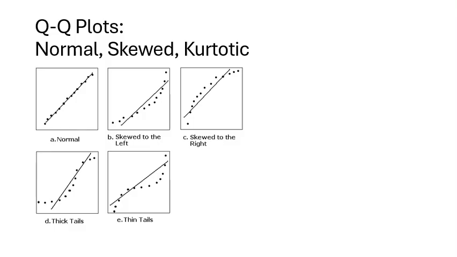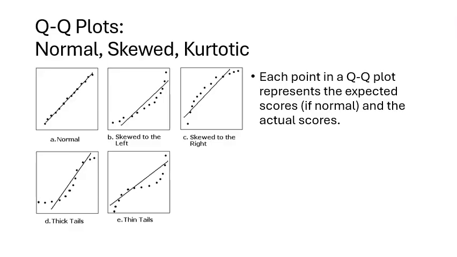So that kind of C shape looking is for skew. If, as you see here in D and E, your points are forming sort of an S-shaped distribution, like this one, and like in E, this one, then you can see that you have a kurtotic distribution where the tails are either really thick or really thin. And we'll look at some images of these again later.